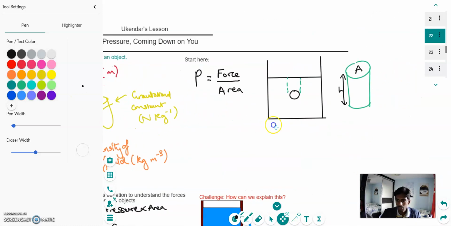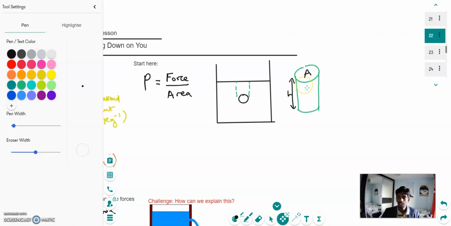Now that we have those two defined, we can look at the force of weight that this cylinder presses down on the ball with. Again, if we look back towards the equation, this force is actually weight, and we know that weight is equal to mg. So we need to work out the mass of this cylinder. Mass is equal to density times volume.